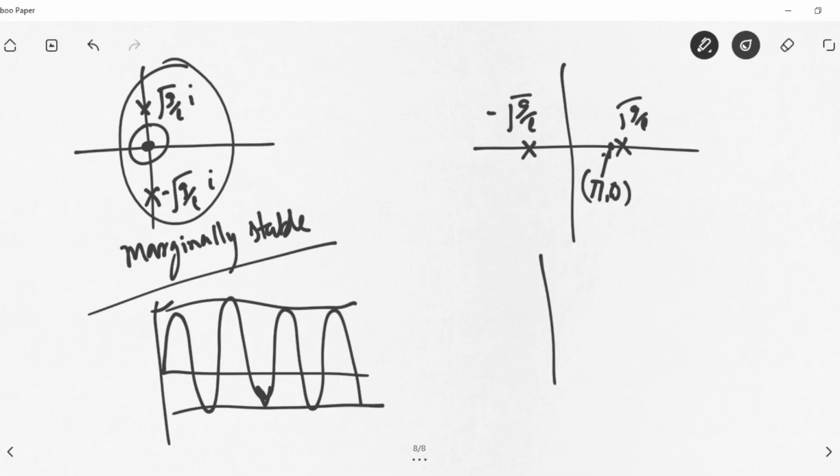In the other case, we have two equal but opposite-sign real roots defining these points, and this corresponds to saddle points.